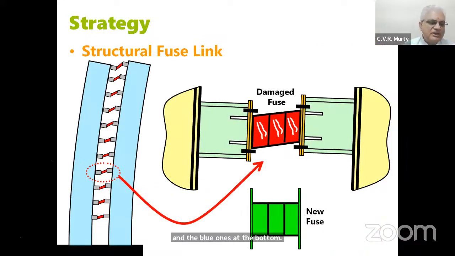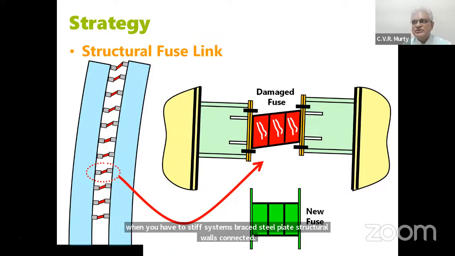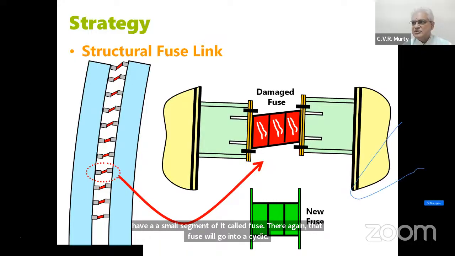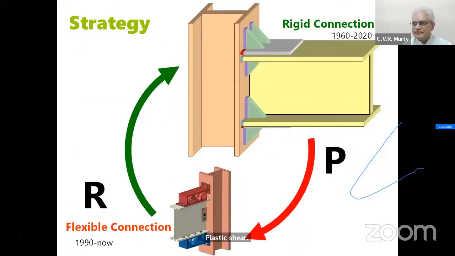Also, when you have two stiff systems, braced frames or steel plate structural walls connected by link beams, then those link beams also will have a small segment of it called a fuse. Again, that fuse will go into a cyclic plastic shear, and best is not to put ductility into them.